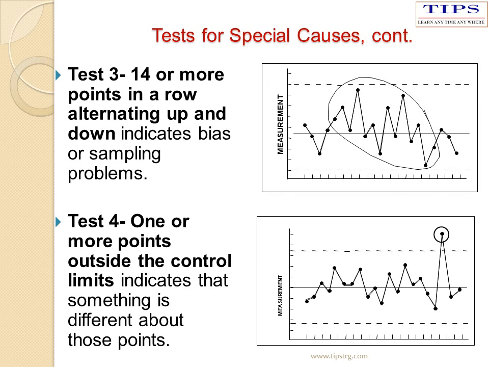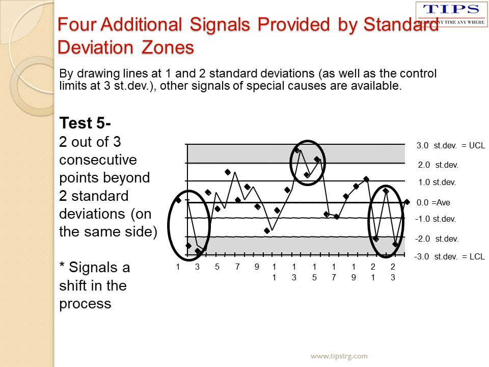Third test is 14 or more points in a row alternating up and down, which indicates bias or sampling problem. Our fourth test is 1 or more points outside the control limits, which indicates that something is different about those points. These both tests are shown in the respective control charts.